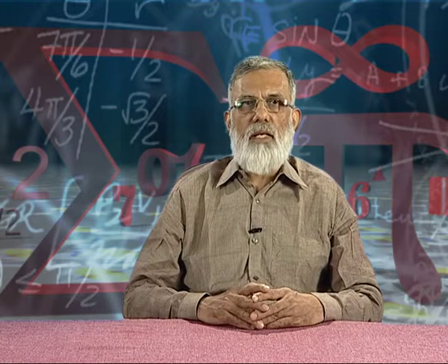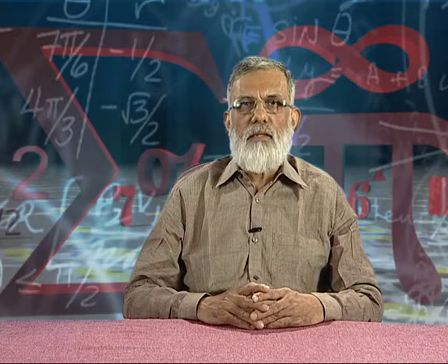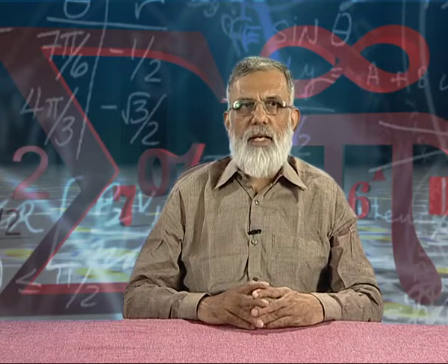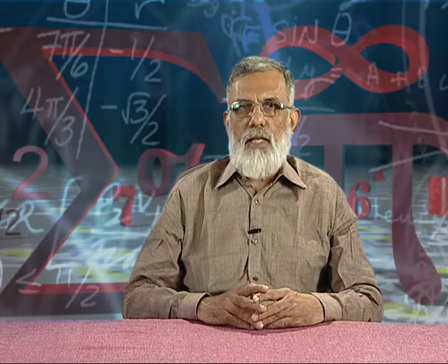Function. When a relation R, that is a subset of X cross Y, is such that for each x in X there is a uniquely related y, we say that this relation defines a function.